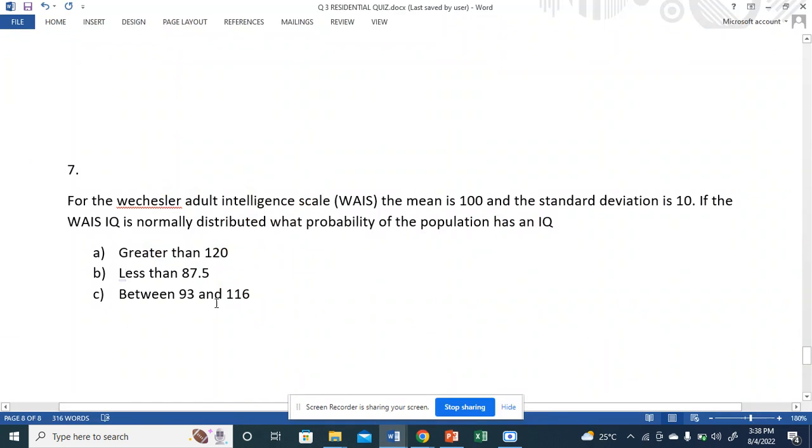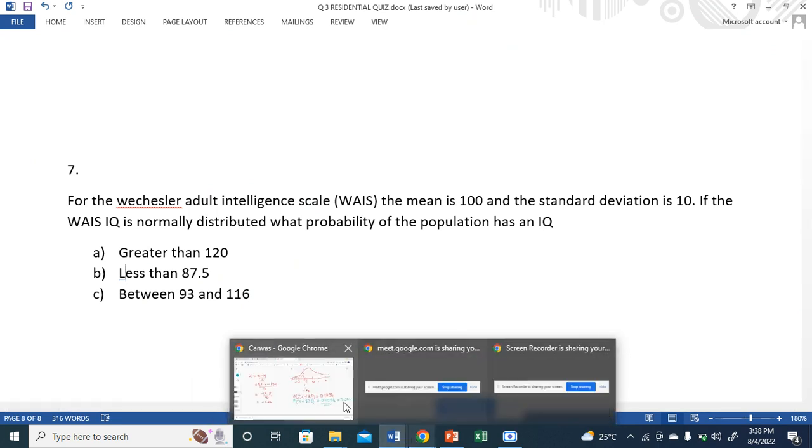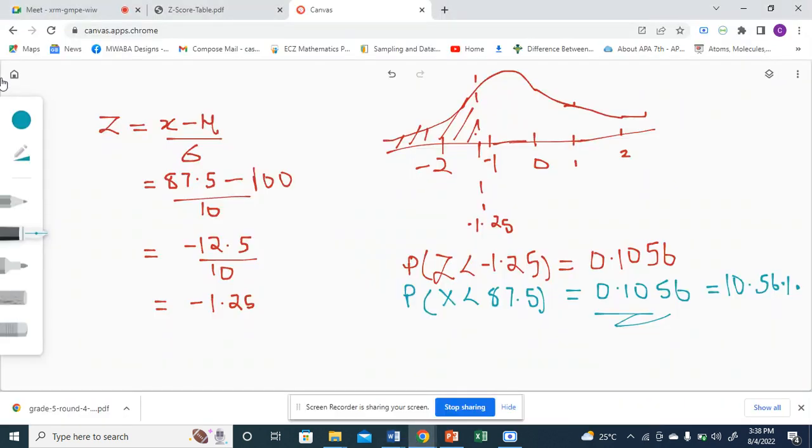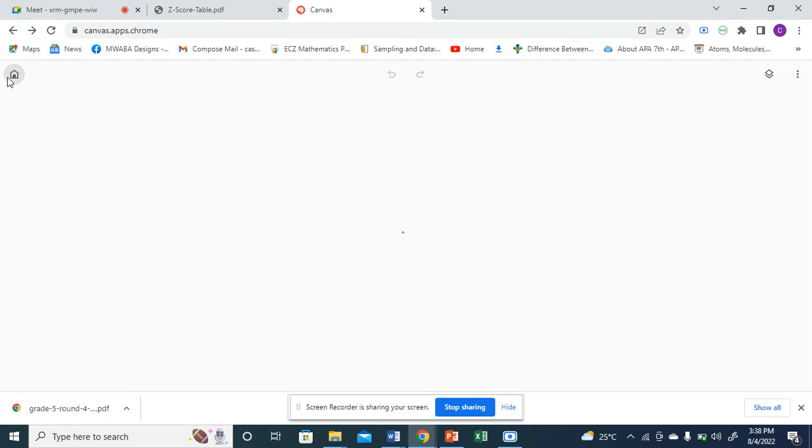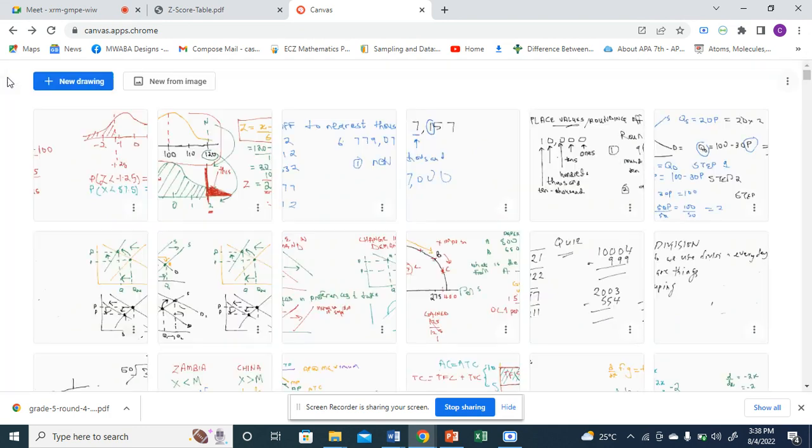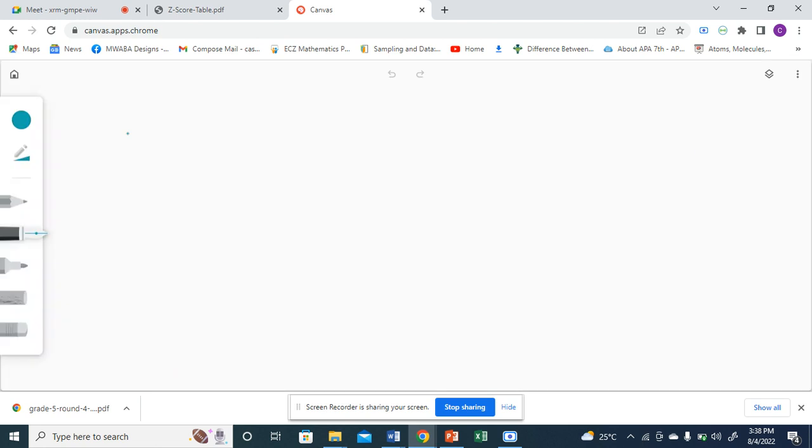The next one is between 93 and 116. So what you're going to do, you work on both of them separately, then we subtract.